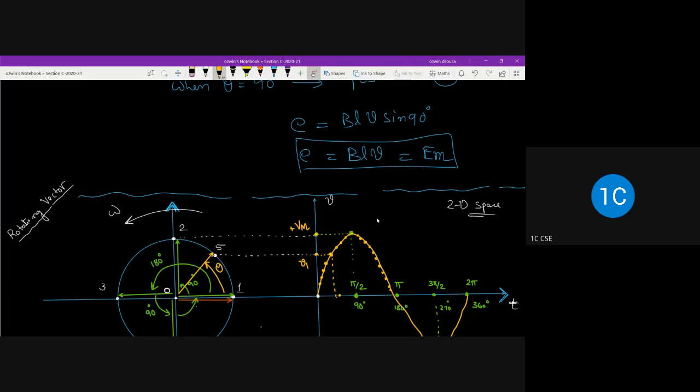Now, in that single coil, we will check the EMF based on the orientation of the conductor. If the conductor is inclined at some angle, there will be an induction of EMF. If the conductor occupies a position which is parallel to the flux lines, then it is zero. So there is no EMF induced in it.